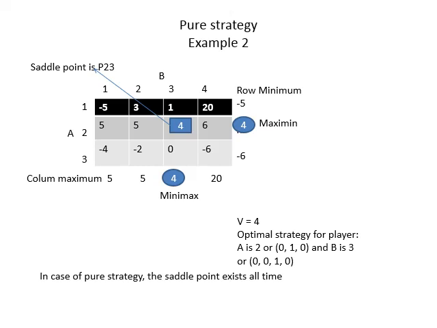For player B, the strategy is column 3. That's why he will ignore column 1, column 2 and column 4.